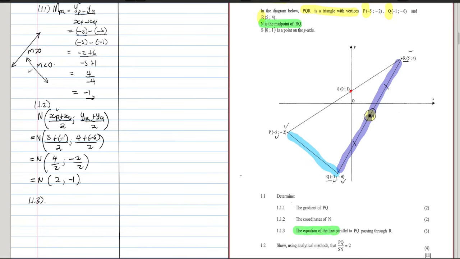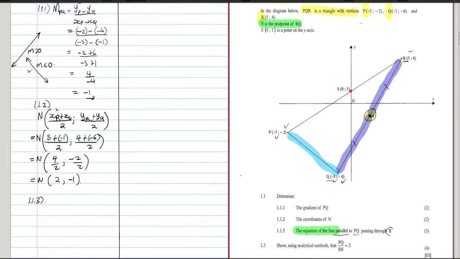Now, we are told to calculate the equation of a line that is parallel, keyword, parallel to PQ, and it passes through R. Let me show that line. Let's use red.